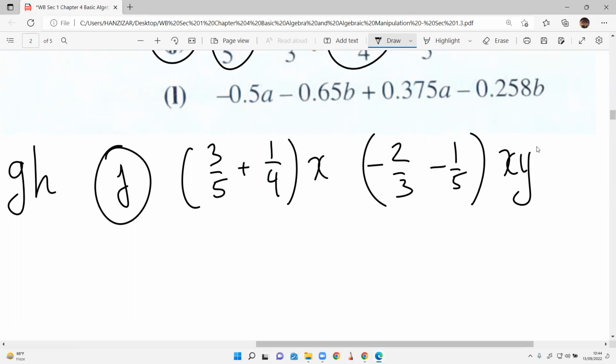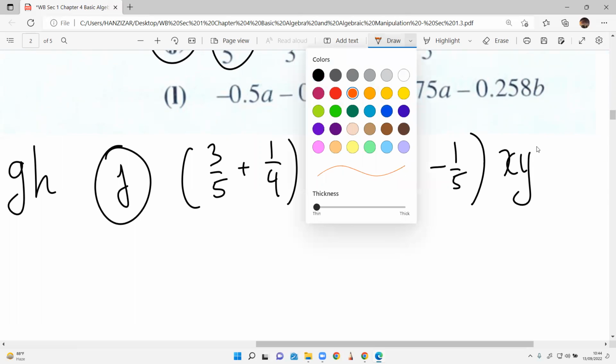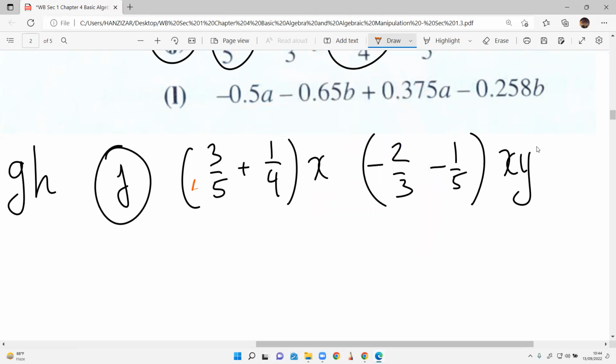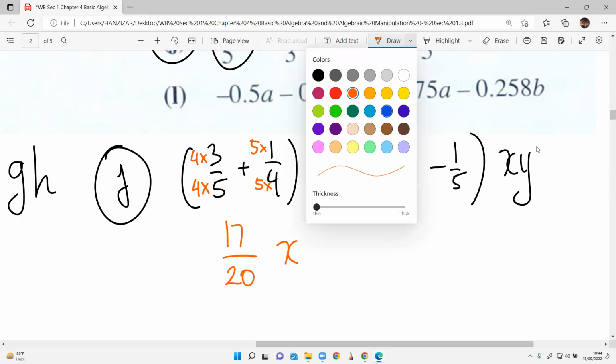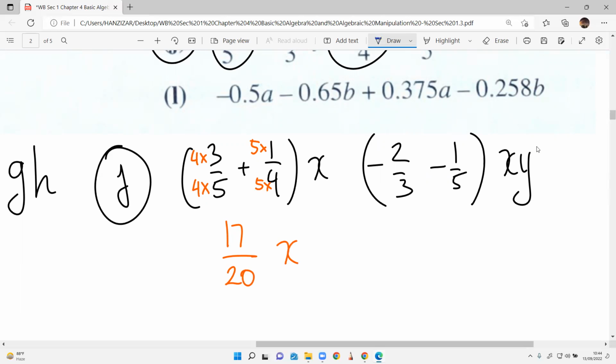So what next, guys? Make the denominator equal. Equalize the denominator, become 20. So what to do? 12 plus 5. What is it? 17. 20x. One more? Then minus 10 minus 3.